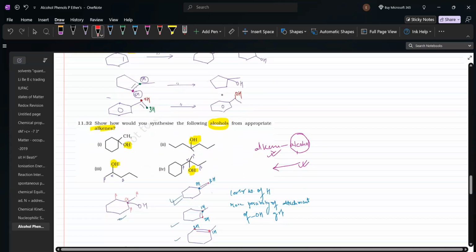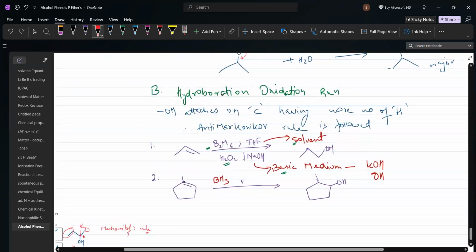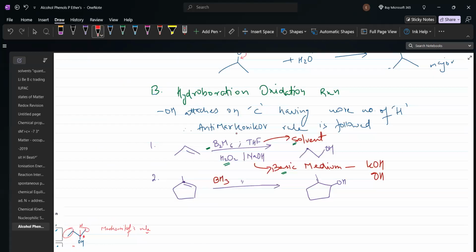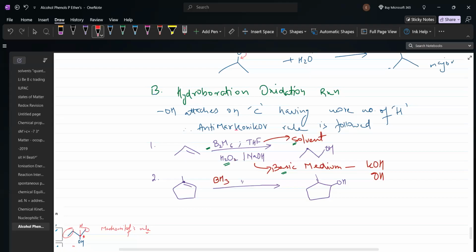And secondly, we have studied hydroboration oxidation, a reaction where we have to follow the anti-Markovnikov rule. That is why OH is forming here. And the reagents are important: B2H6 or BH3 THF, and H2O2 in basic medium.